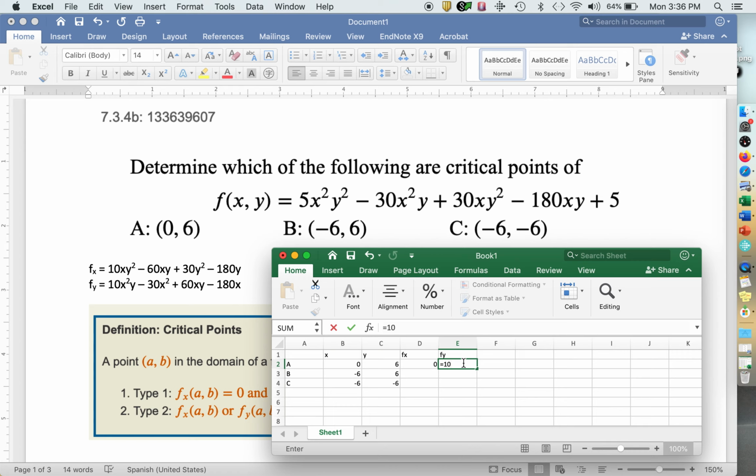That was 10 times the x squared times the y minus 30 times the x squared plus 60 times x times y minus 180 times the x. All right, that one is also 0. So yes, that's a critical point.